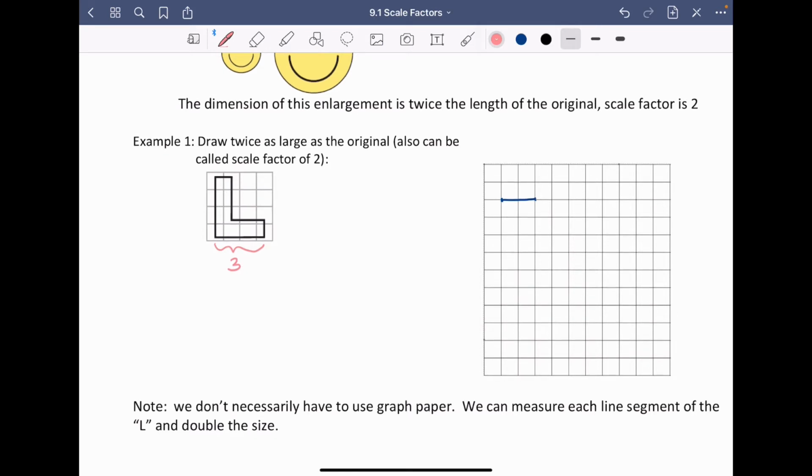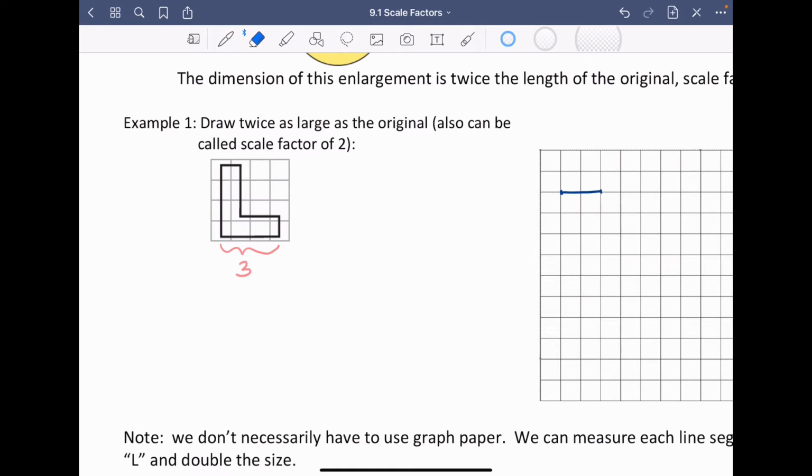What about this? Let's write down 3.5. This length is about 2.5, and this one is about 2.